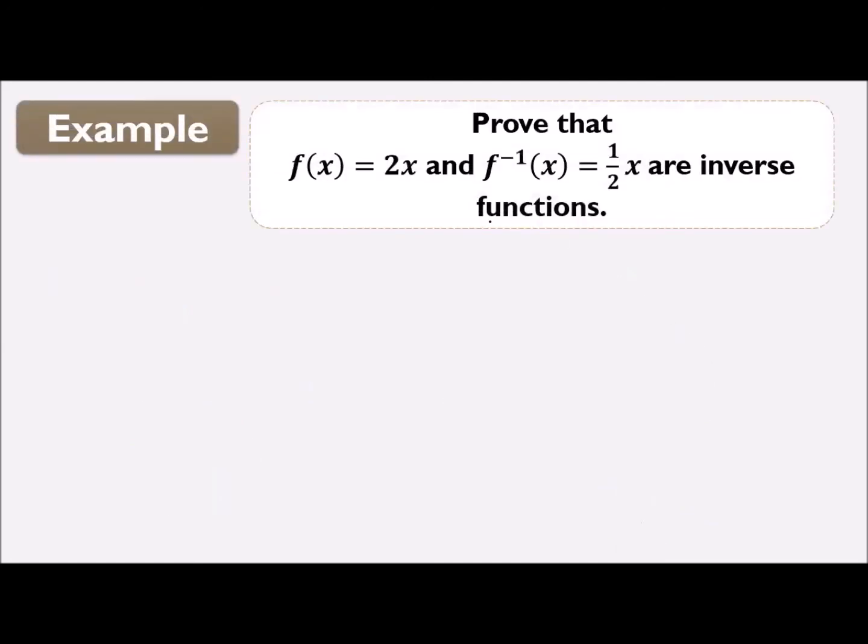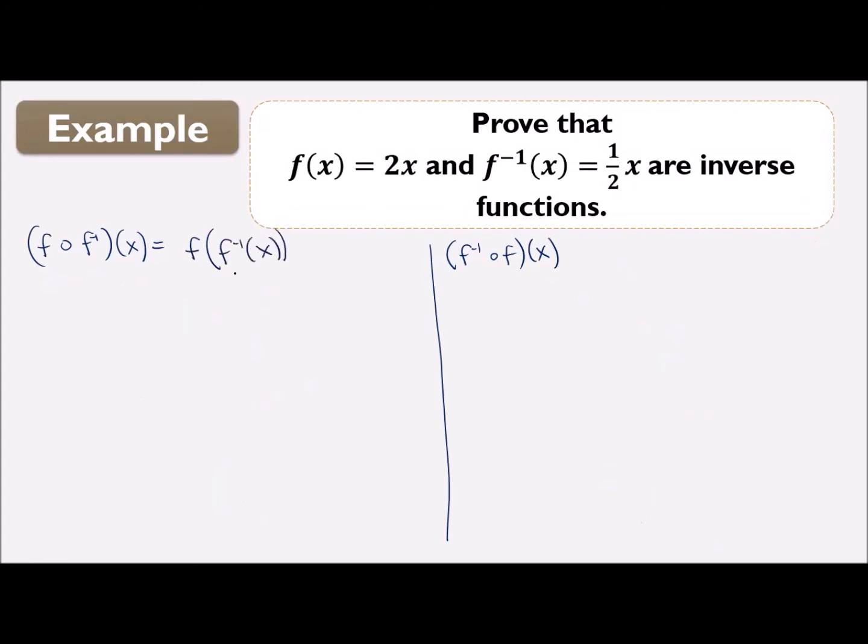Okay? Another one. Prove that the given function 2x and its inverse is 1/2 x are inverse functions. So, ganun ulit. F, circle of the inverse of x at saka, baligtarin lang ulit, the inverse circle f of x. So, f of the inverse of x.